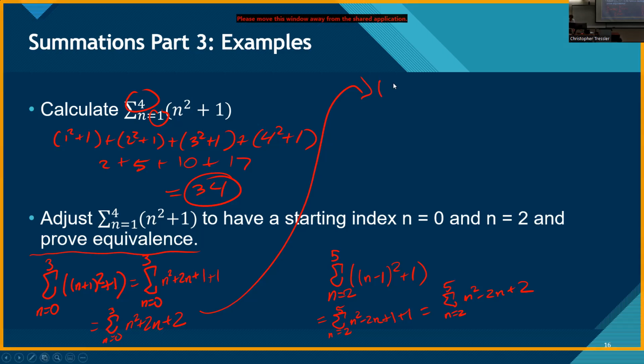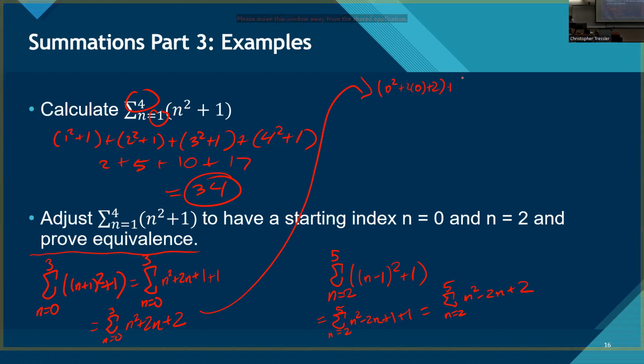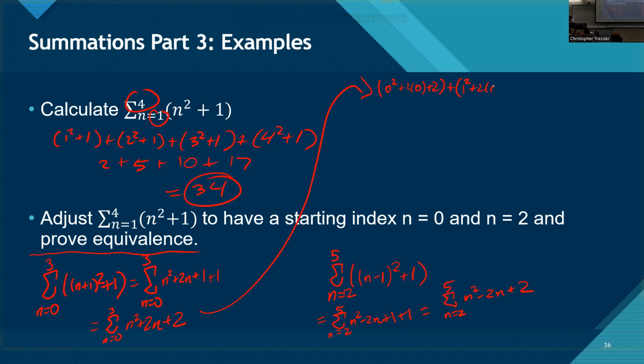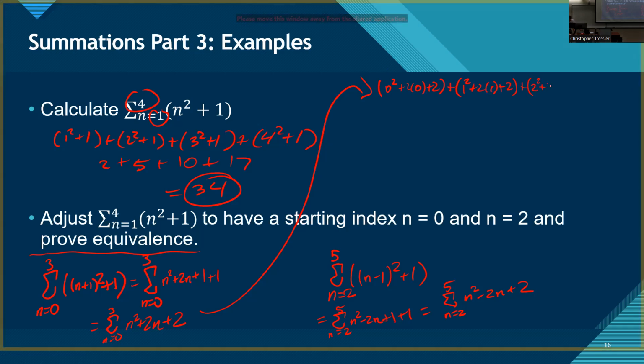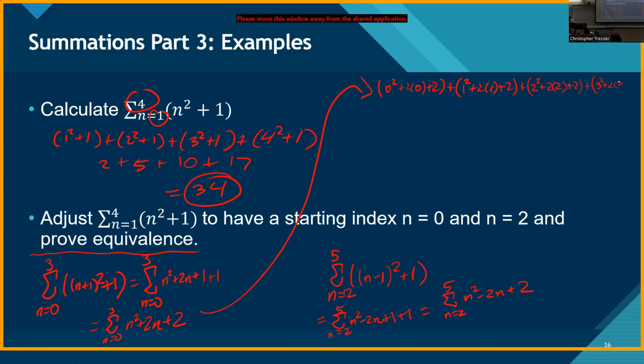So we're going to start with 0, right? So 0 squared plus 2 times 0 plus 2, plus 1 squared plus 2 times 1 plus 2, plus 2 squared plus 2 times 2 plus 2, plus 3 squared plus 2 times 3 plus 2, which is equal to, let me actually erase that parentheses.